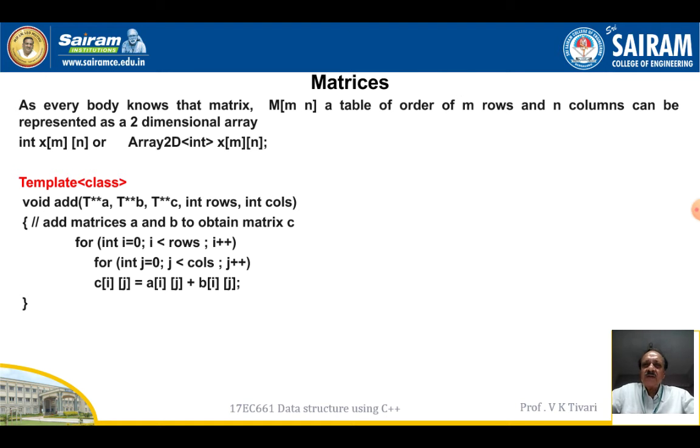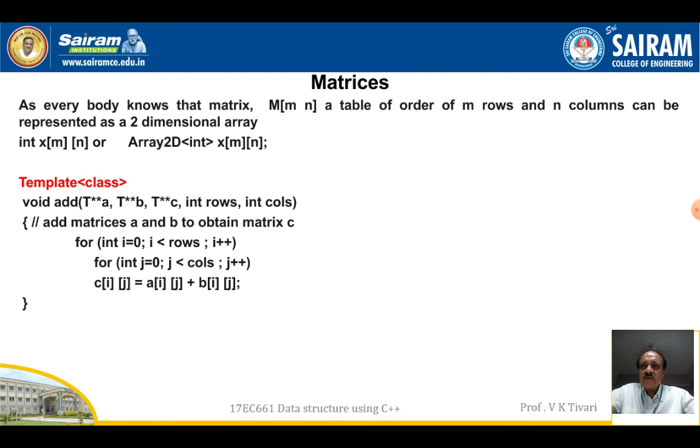It is a simple C++ program for adding two matrices a and b into matrix c. For the for loop, we are using integer i, i equal to 0; i less than rows; i plus plus.